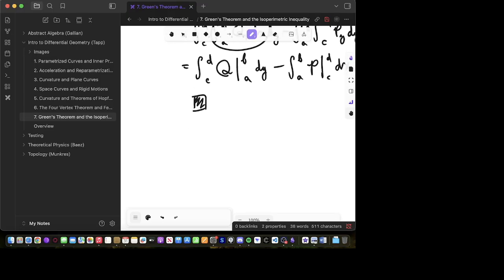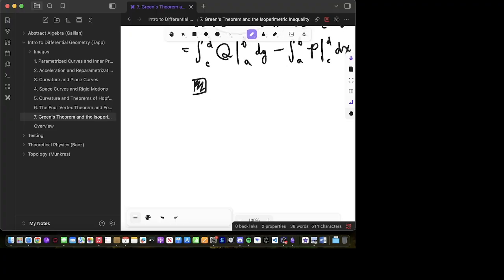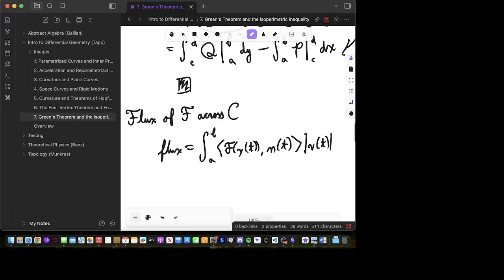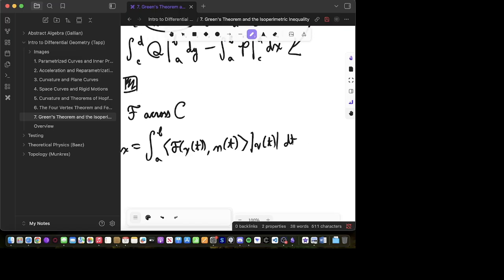Now, a couple of more definitions. We define flux of a vector field F across a curve C as flux equals the inner product with the normal vector times the magnitude of the speed dt.